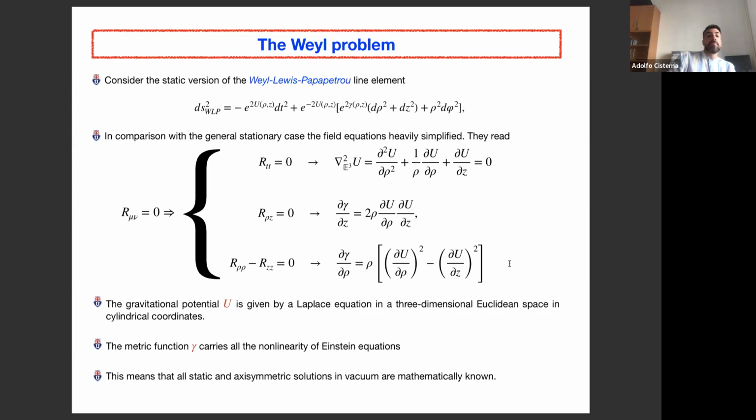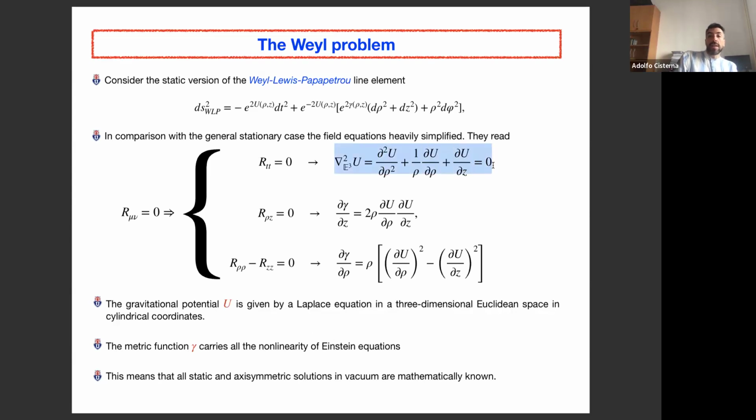So basically, because u, the gravitational potential, is given by a Laplace equation, and we know the entire solution of the Laplace equation, we can always find all solutions, because then gamma will be simply given by this quadrature. So up to how difficult it is to perform the integral of these two relationships, gamma is always known, and u as well. Okay, so this is very useful.